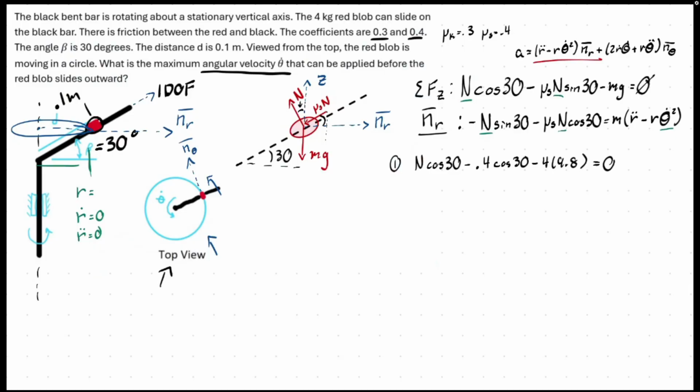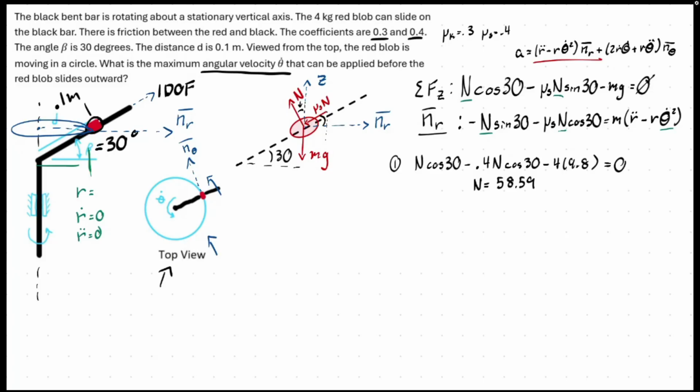And then we can actually solve for the normal force from this equation. I forgot to write an n term, so my math was coming out weird, but I fixed it. So our normal force comes out to be 58.59. And then let's continue with that second equation.